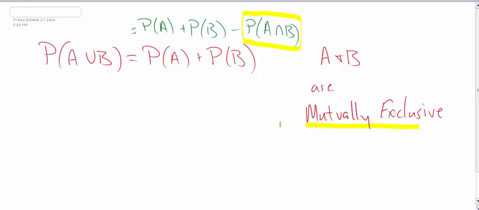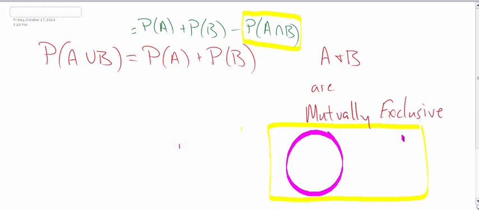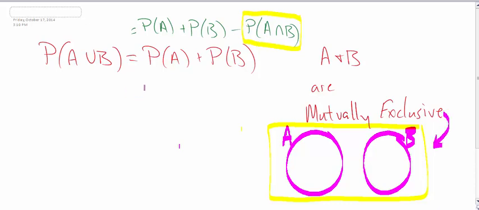What if these circles in our Venn diagram look like that? And there is no intersection. That's what mutually exclusive means. It means there is no overlap. It means probability of A intersect B equals 0.